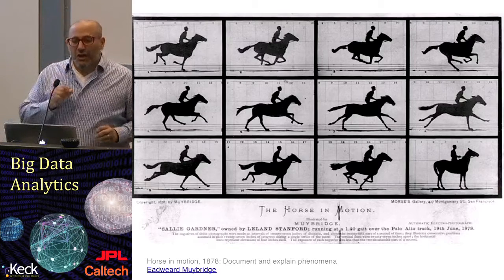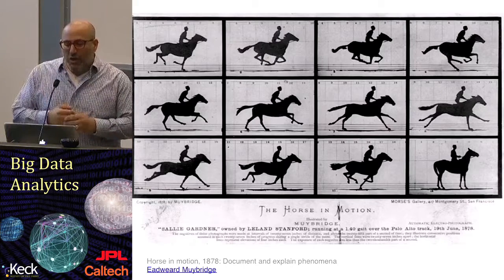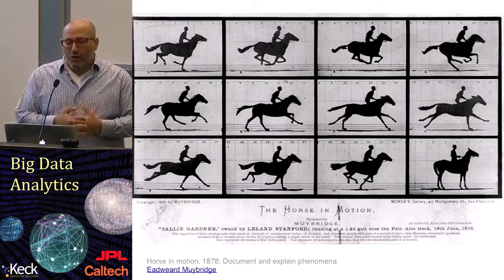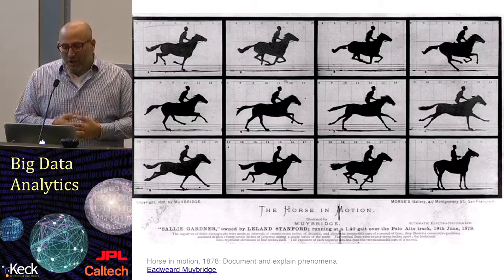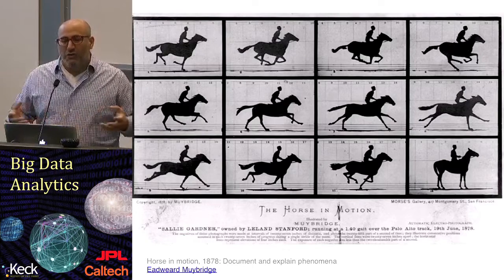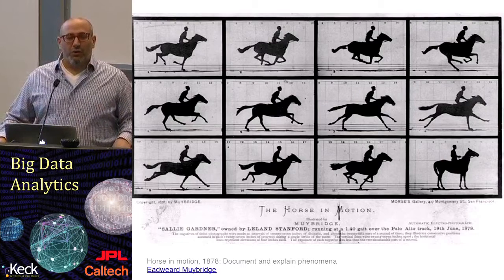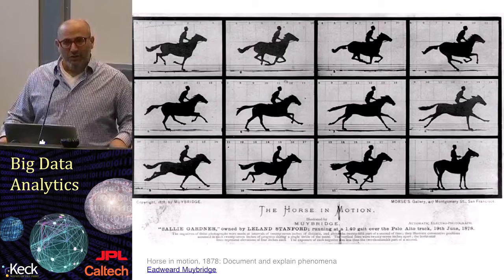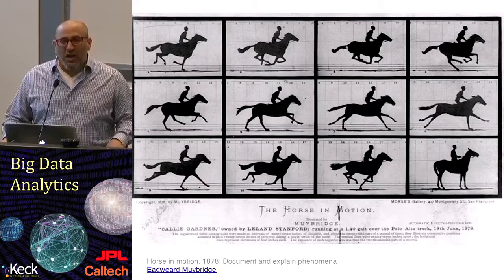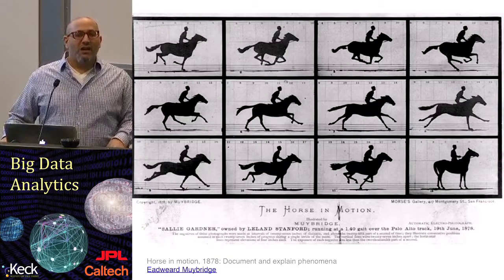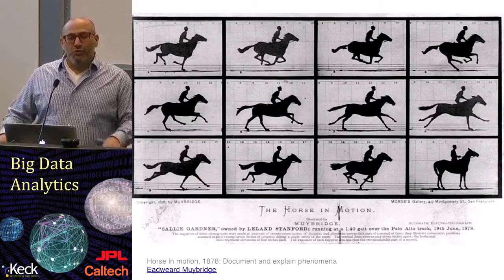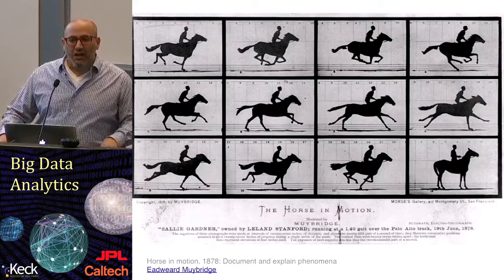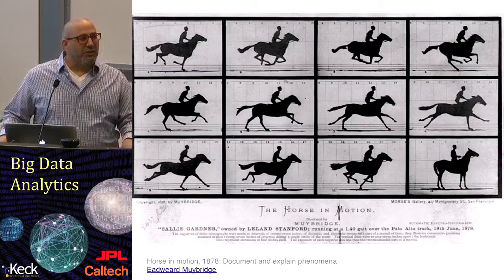At this time, no one actually understood how a horse's gallop functions. And you can see that this was the first evidence that when a horse runs for some time, it's actually not touching the ground. This kind of information was not visible to human beings before the advent of this technology.